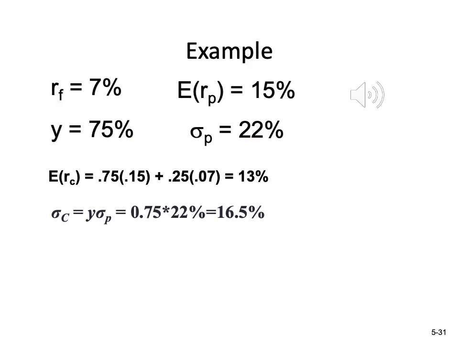The expected return of the complete portfolio is 13%. To calculate the risk, or the standard deviation of the complete portfolio, which is just proportional to the risky portfolio standard deviation, 75% in the risky asset times 22% standard deviation of the risky portfolio, you got 16.5%.